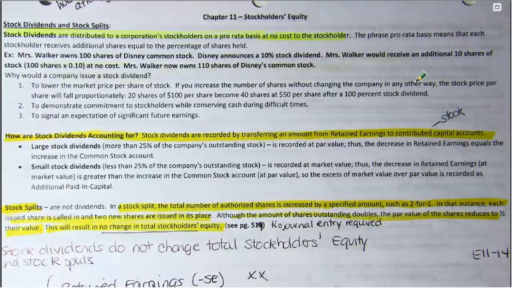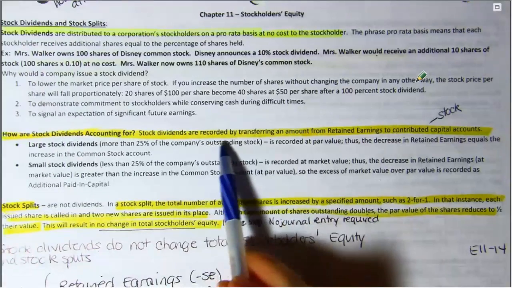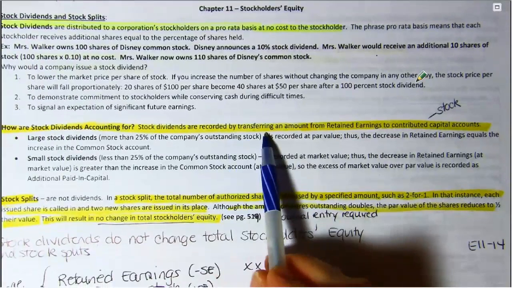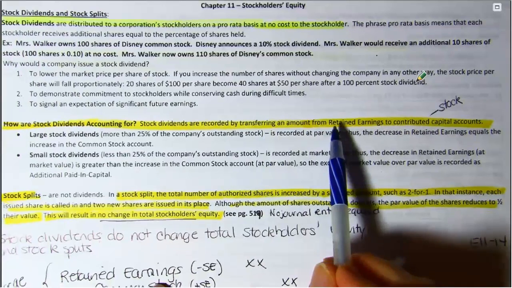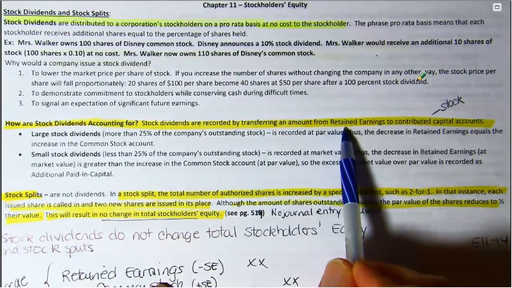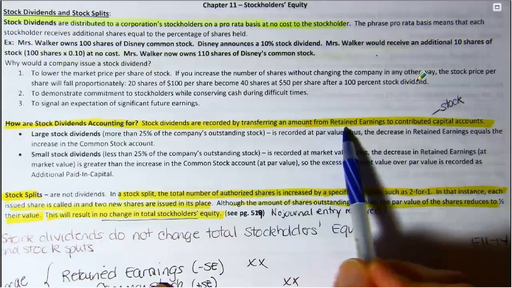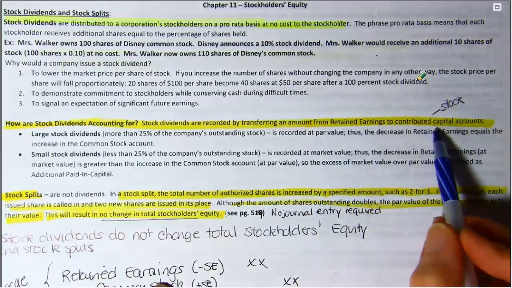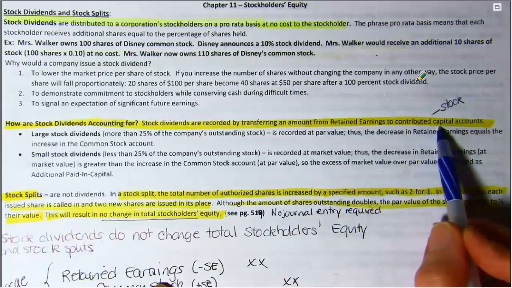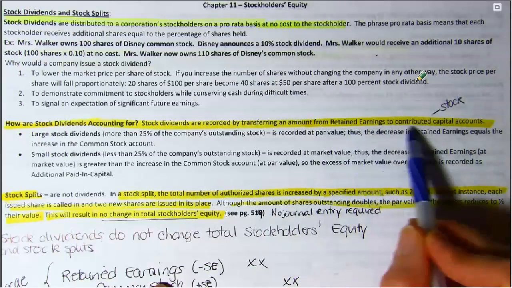Well, it depends on the size of the dividend. Stock dividends are recorded by transferring money out of the retained earnings account, because we're sharing our earnings, into the contributed capital type accounts, into the stock type accounts. So out of retained earnings up into the stock area.